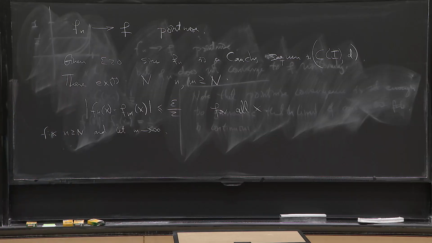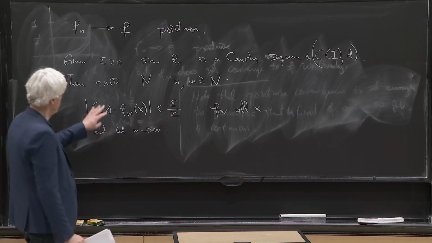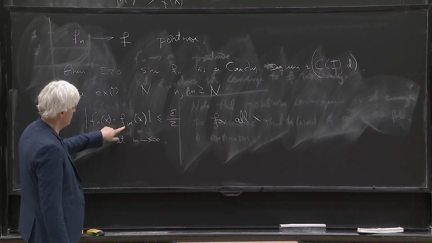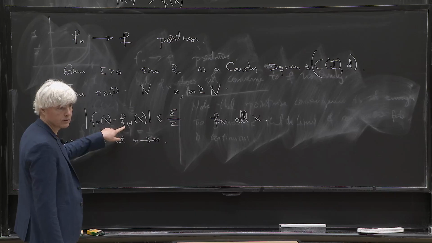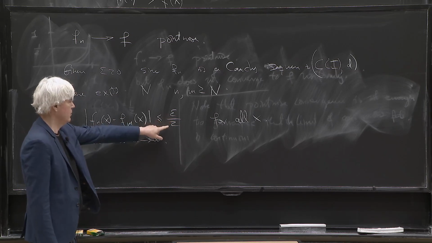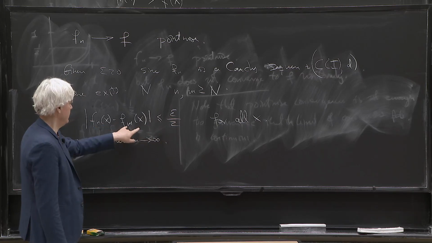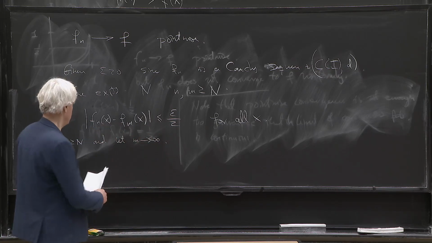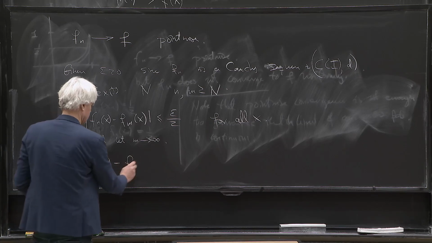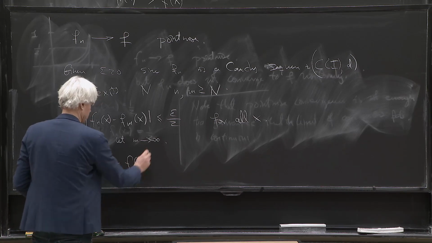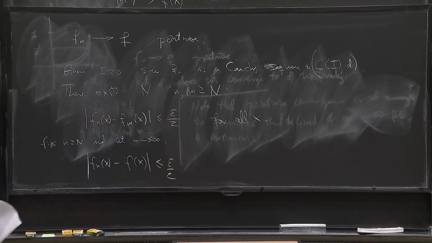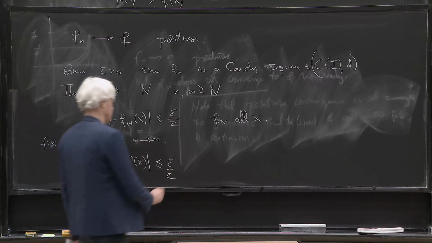Well, fn of x is just some fixed number, but as m goes to infinity, fm of x goes to f of x. And since this difference is always less than or equal to epsilon over 2, it's also the case that the difference in the limit is less than or equal to epsilon over 2. So you have this here for all x.